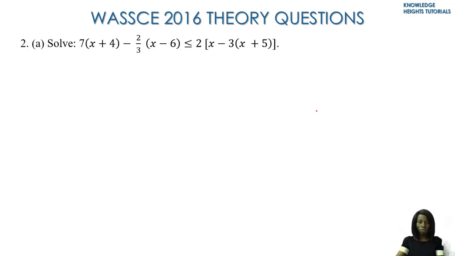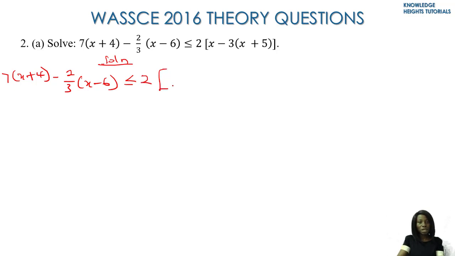Question 2. Question 2 says we are supposed to solve this inequality: 7 into bracket x plus 4, minus 2 over 3 into x minus 6, less than or equal to 2 into bracket x minus 3 into x plus 5, parenthesis closed. So we have a denominator of 3.